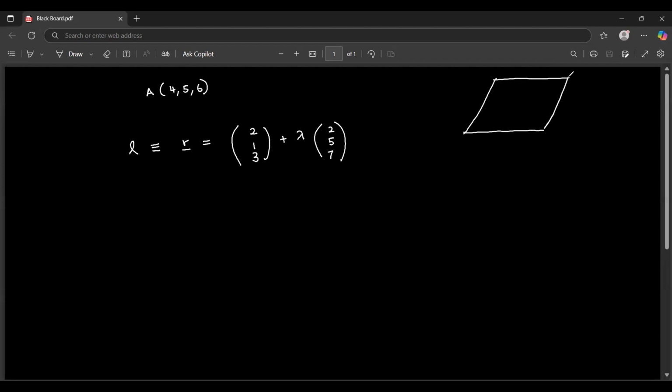If A lies on L, you can't come up with another direction vector because A is already a point on the line. So you have to be clear about that.